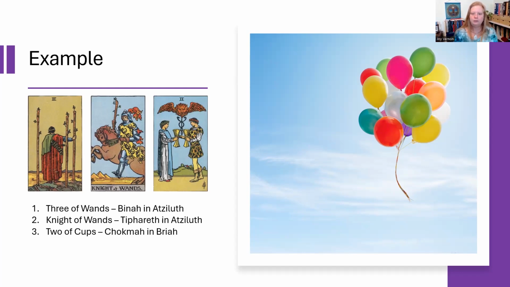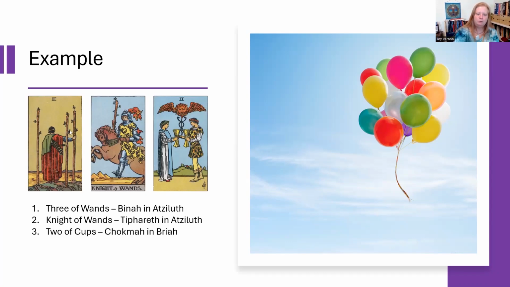We're going to mostly just focus on our pip cards, which are the numbered cards. The court cards, like our Knight of Wands here, and any majors that come up, we're just going to read those normally or leave them out so that we can focus on the 40-step manifestation process.